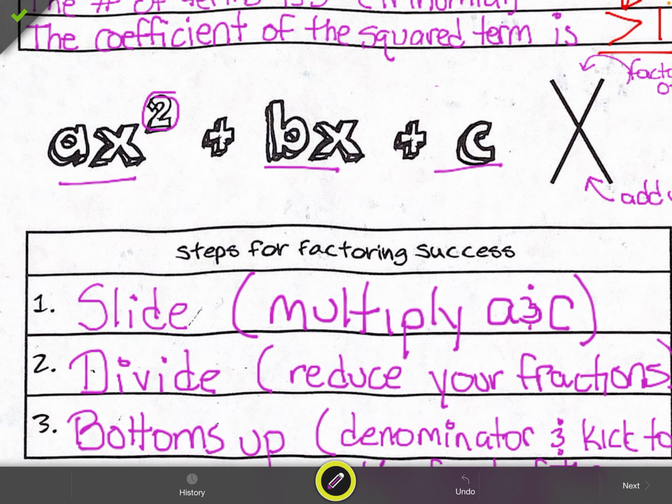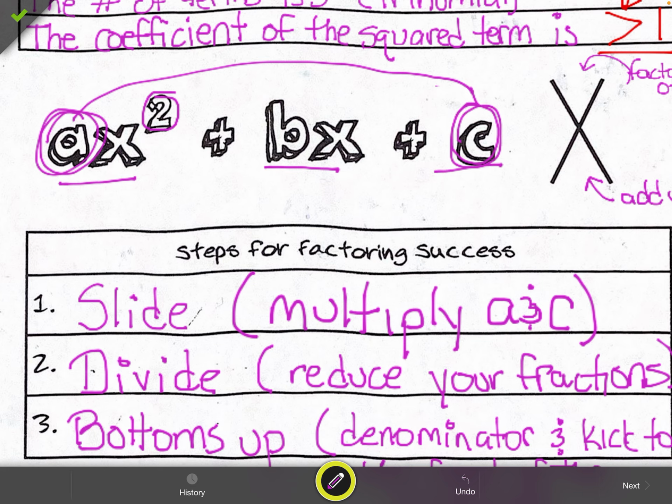What we're going to do is what we call slide. What slide means is we're going to multiply A and C. This is different than yesterday. Basically, you're going to take the number in front of your squared term, slide it over here with your C, and multiply them.